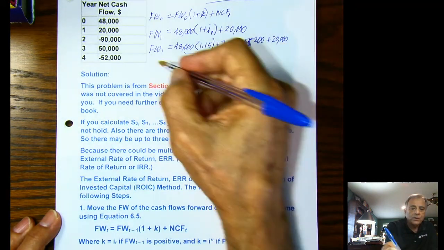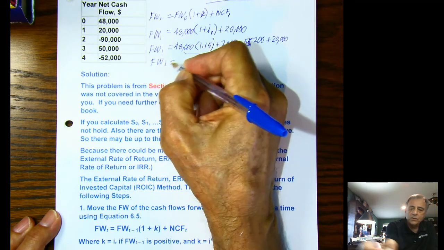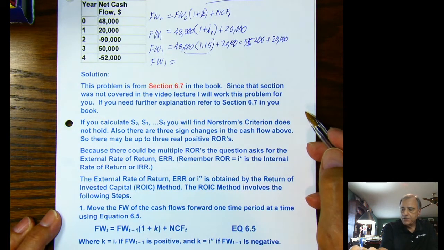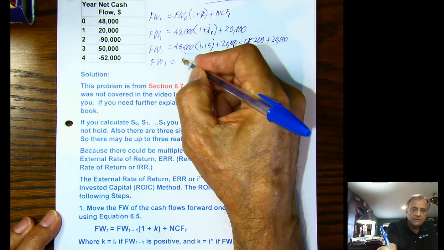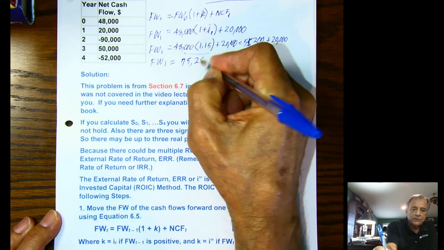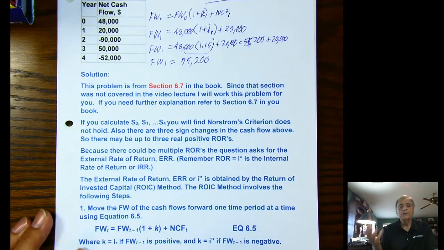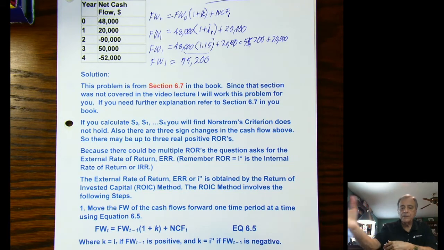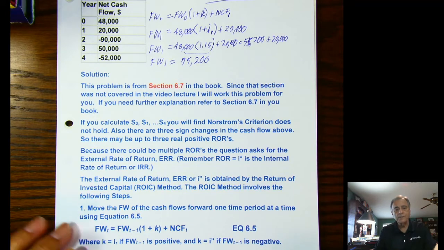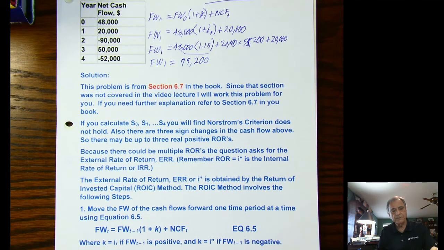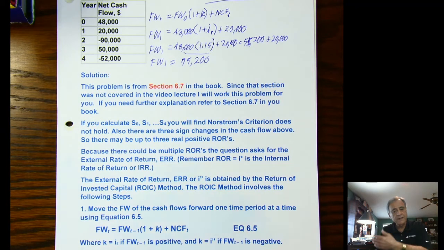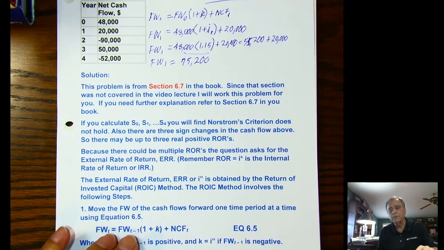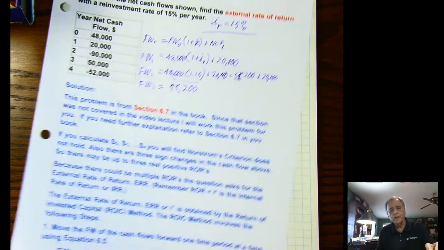So the future worth at time 1 will be the sum of these two, 75,200. So now we're going to use that function to get the future value at time 2. We're going to move this forward one period at a time until we get to time n, which is time 4 in this problem, and then we're going to set it equal to 0 and solve for I double prime.